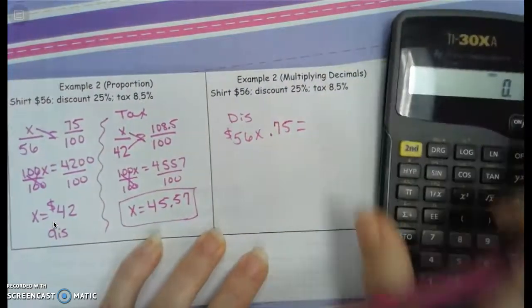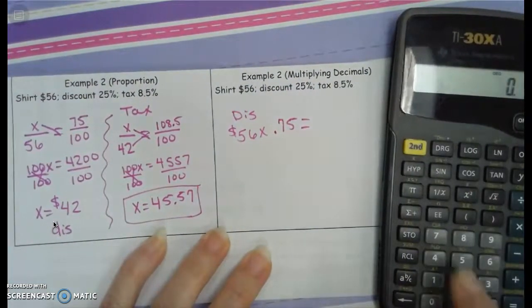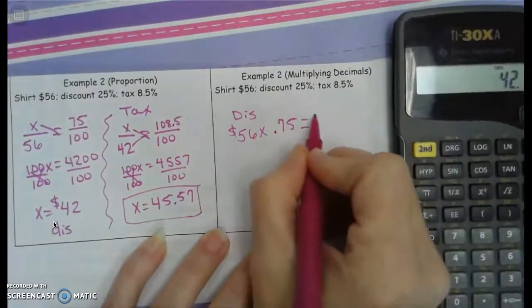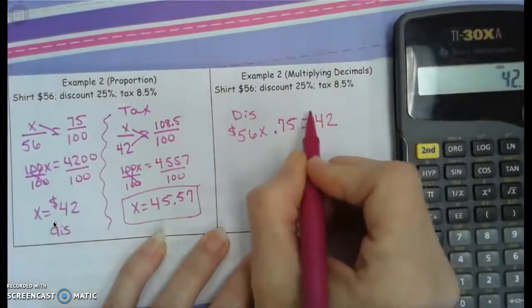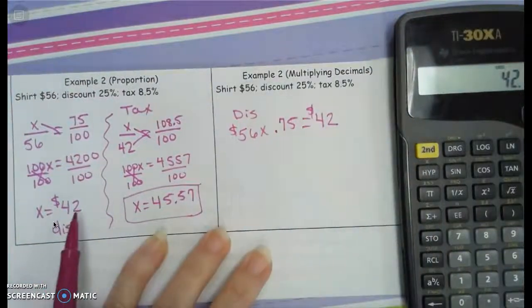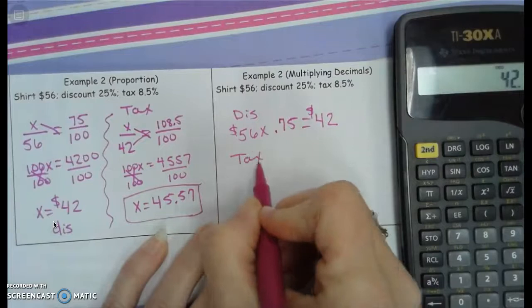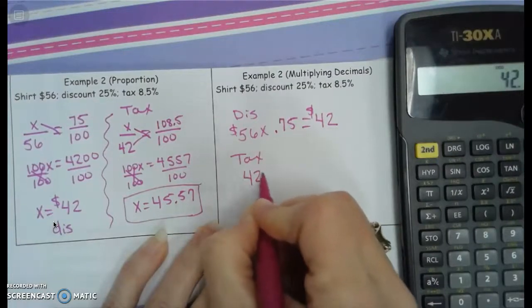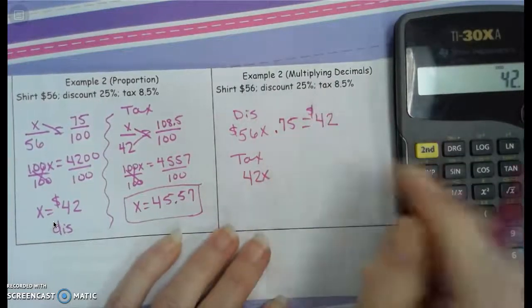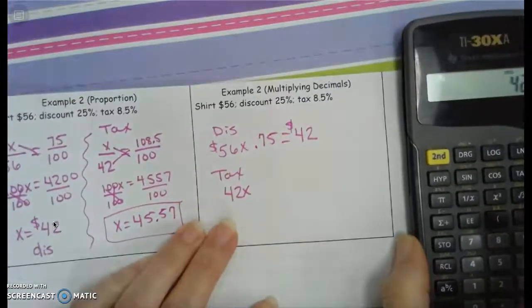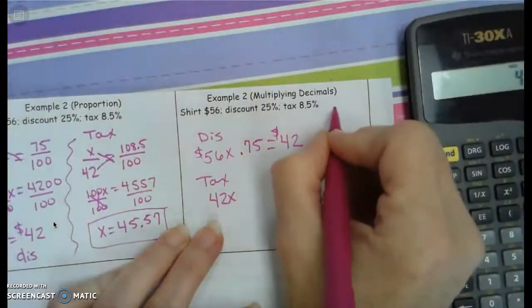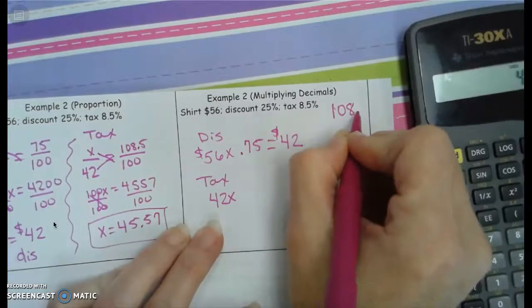So I take my 56 times 0.75, and I get my $42. That's the same $42 I got earlier. And then I have to take tax and put that tax on my discounted price of $42. With a tax, I'm going to put 108.5.